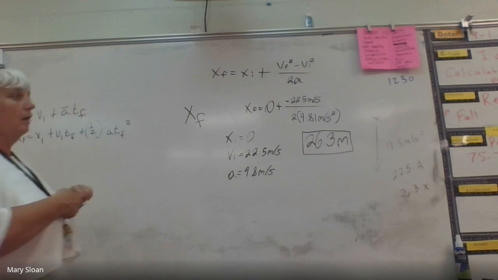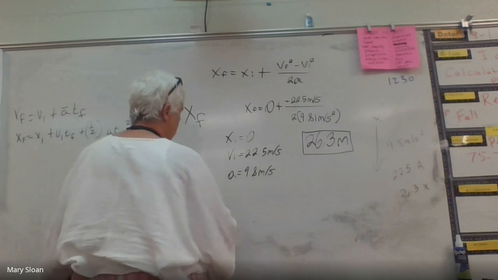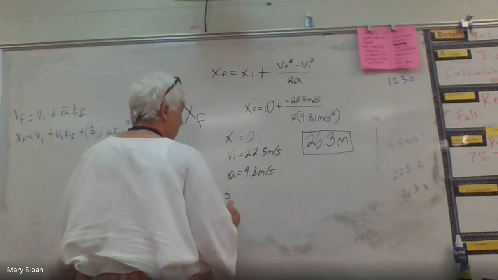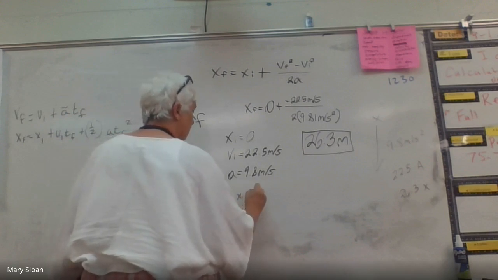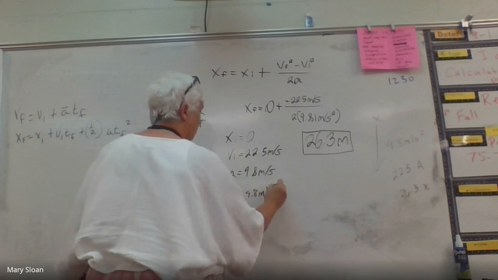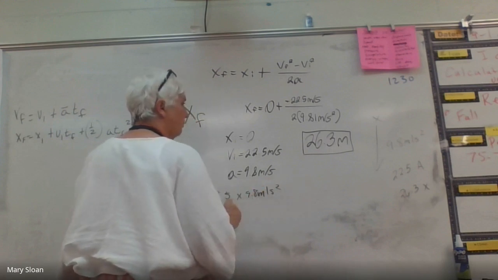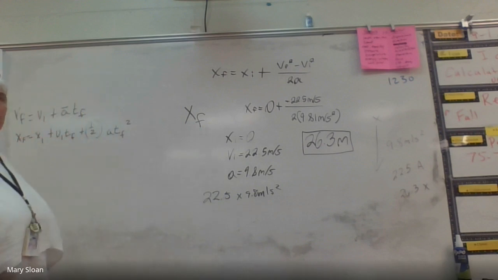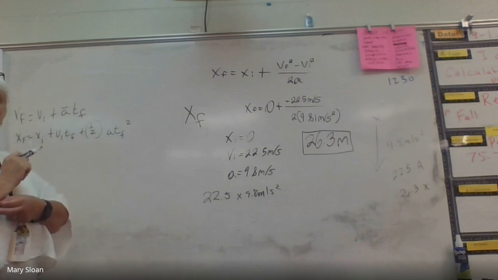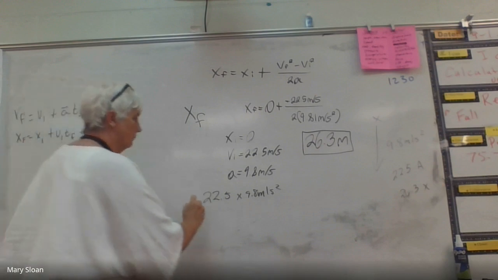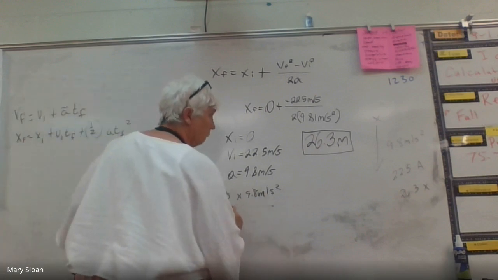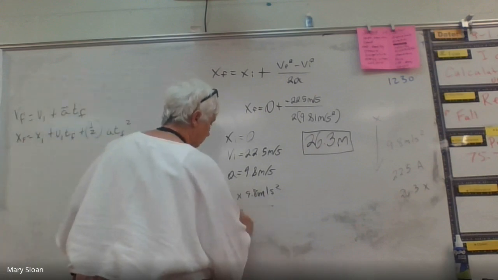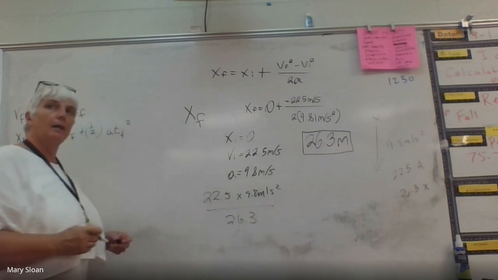So you're thinking we do acceleration times gravity. What else we gonna do? Where are we gonna put position? I guess would you divide it by position? 26.3. Okay, let's see what we got.